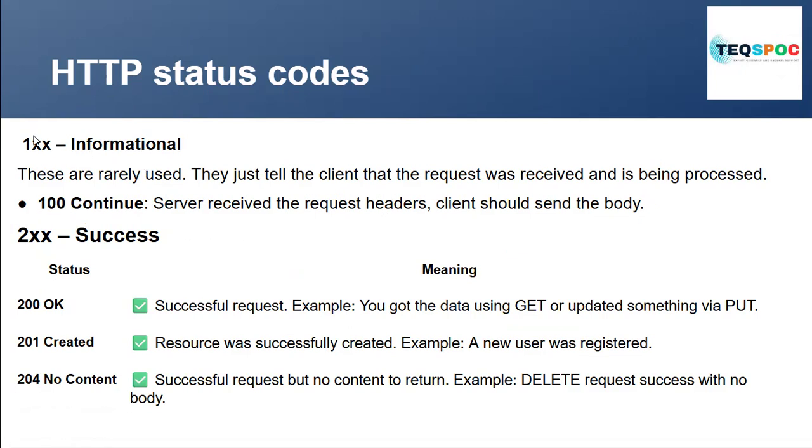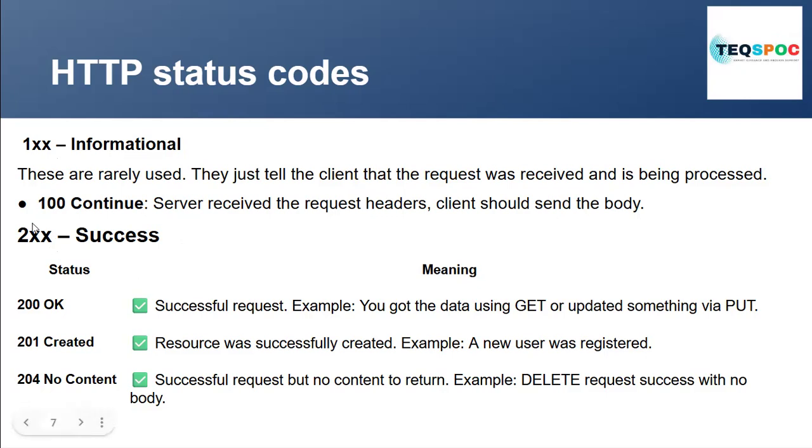So first is the informational status code, that is 100, which basically means continue. These are rarely used. They just tell the client that the request was received and it is being processed. If you see status 100 somewhere, it means continue: the server received the request header and the client should send the body.